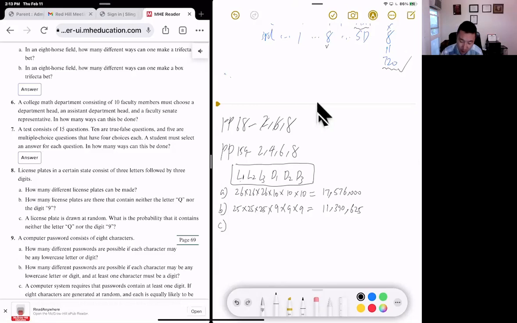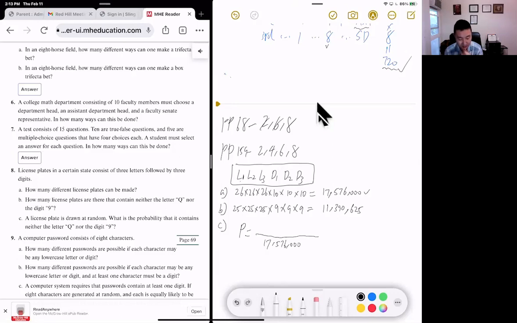To calculate the probability for that, we should know in total how many ways we can design a license plate. That part of the answer is already given to us from part A. In total we have 7,576,000 ways to make a license plate.